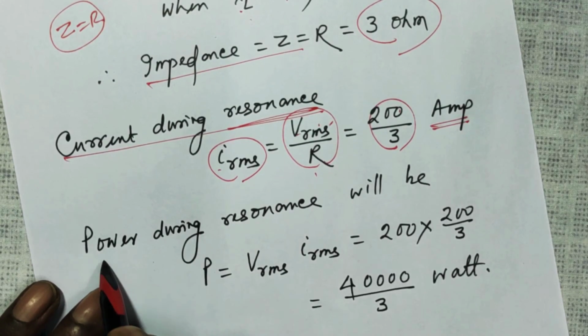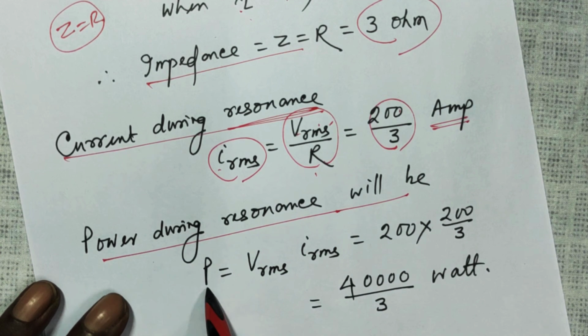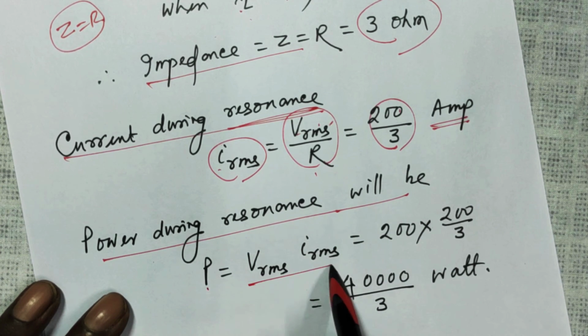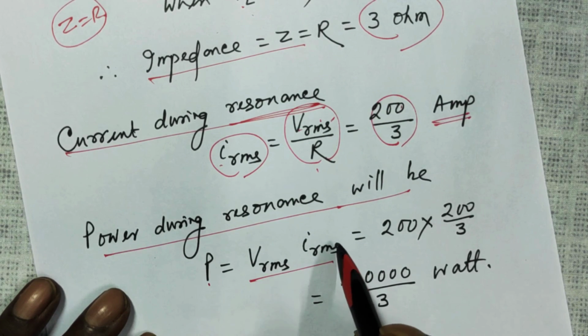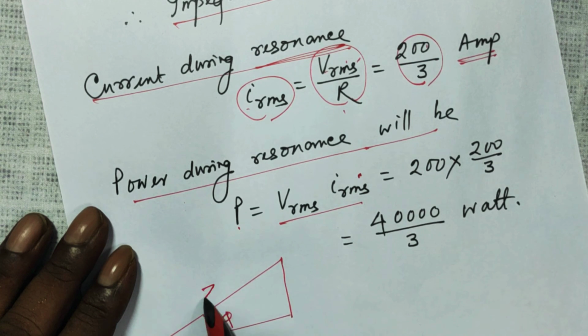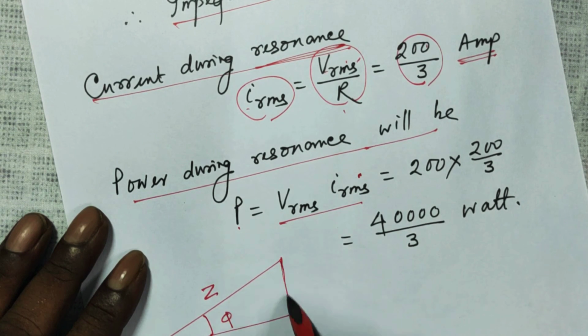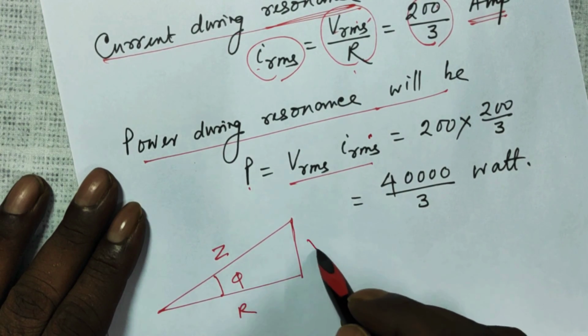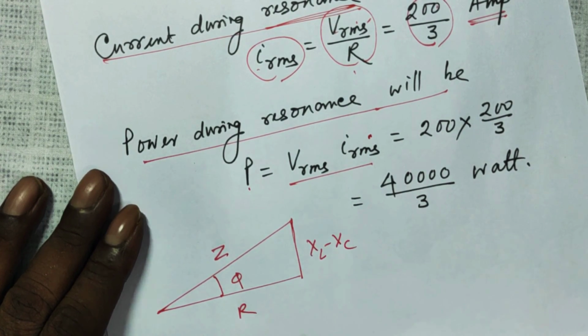Then power during resonance will be P equal to the expression for power. You might ask why there is no cos phi term here. I had explained during resonance, this was your phi, this was your Z, this was your R, and this was your XL minus XC.